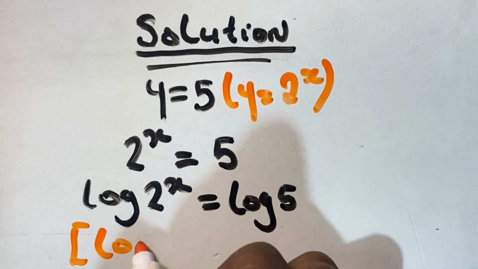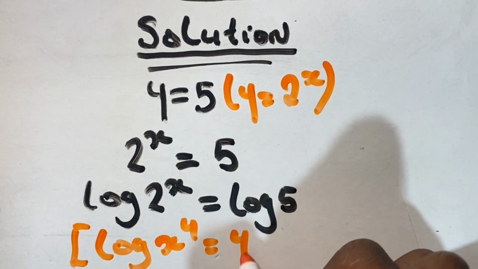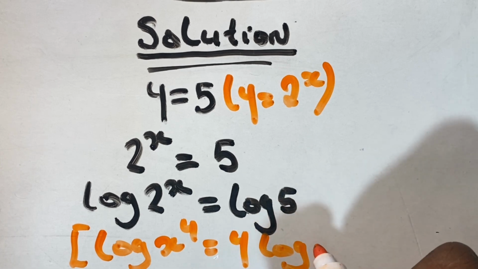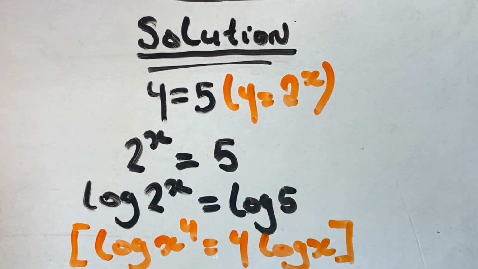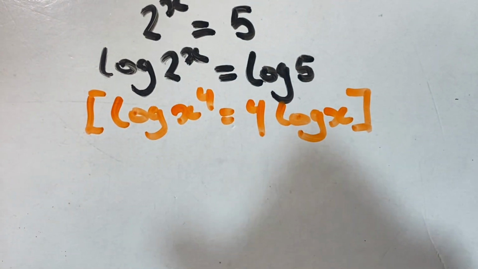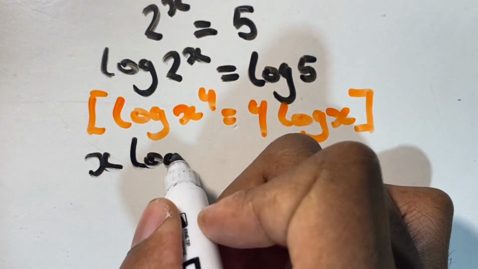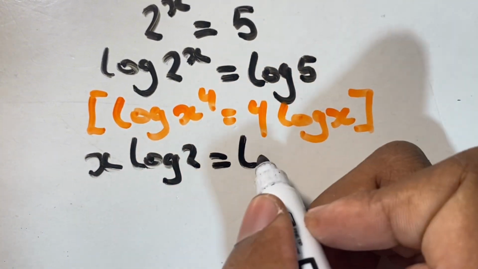Then using our logarithm rule, we would say that log of x to the power of y is equal to y times the log of x. So using this logarithm rule, we'll simplify for the solution of x. In this situation, we would therefore have x times log 2 is equal to log 5.